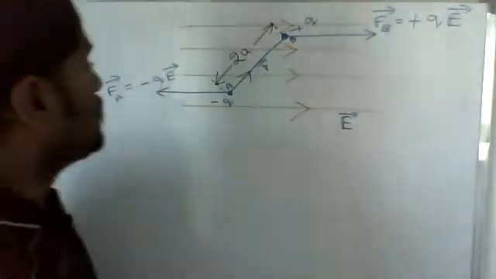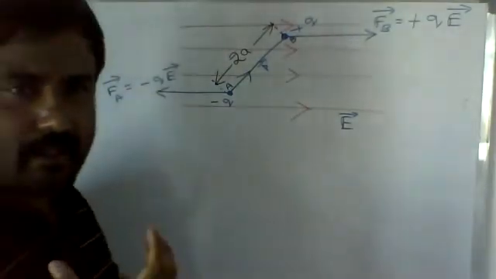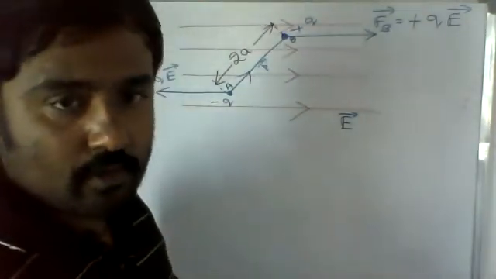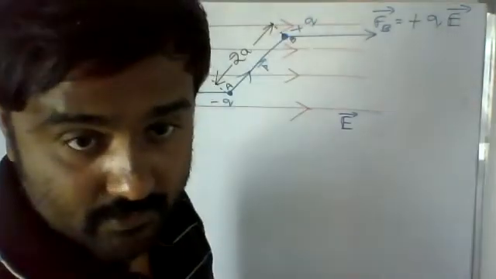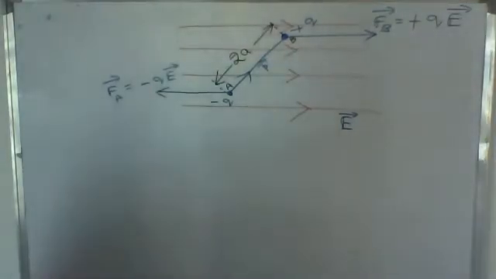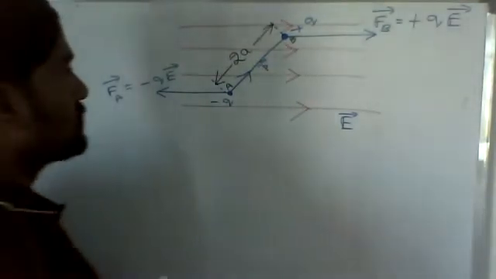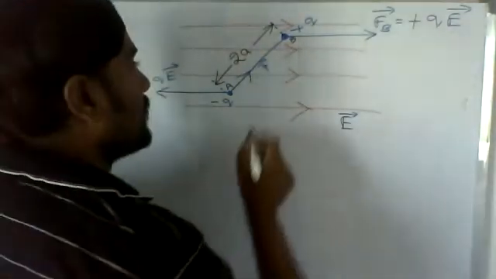So how do you measure torque? Torque is measured by taking the product of the magnitude of one of the forces and the perpendicular distance between the two forces. Okay, let us calculate the perpendicular distance between these two forces, FA and FB.